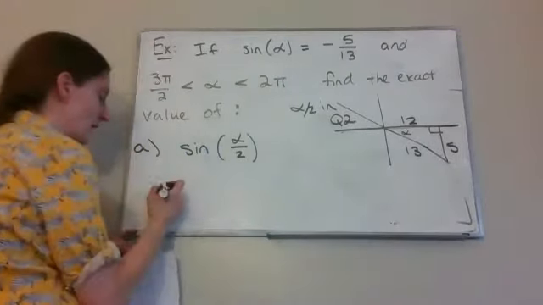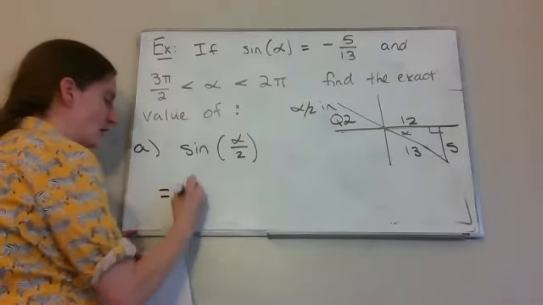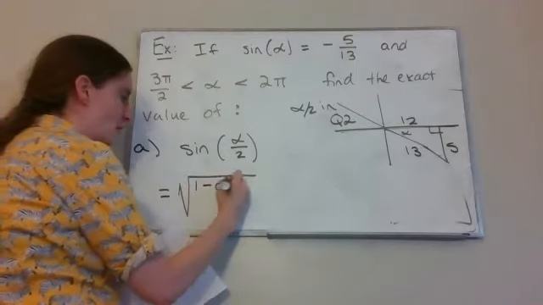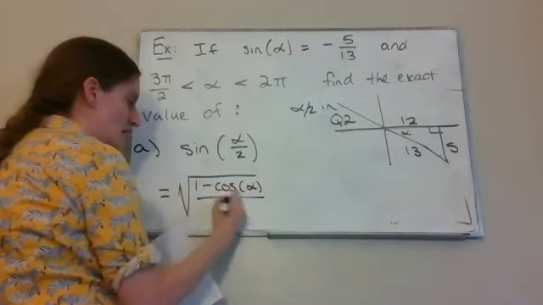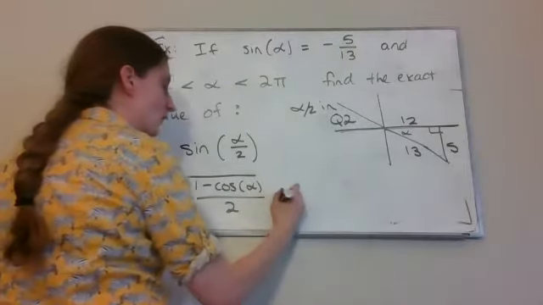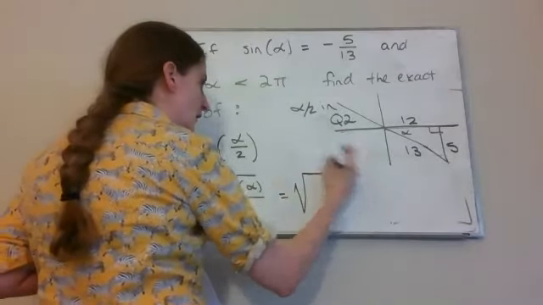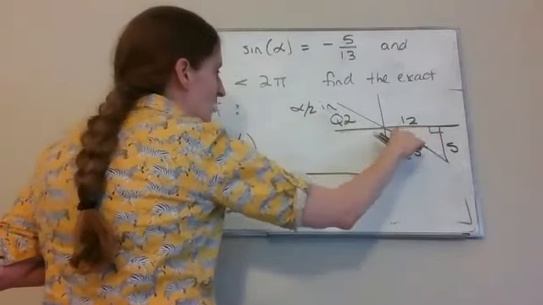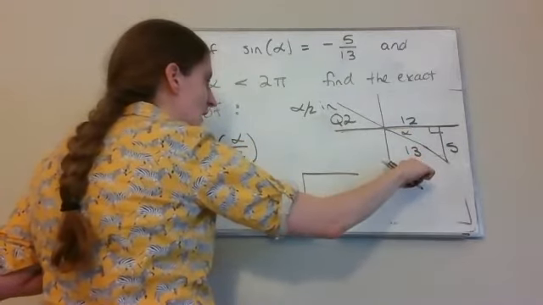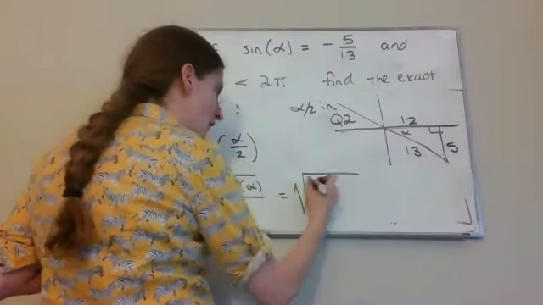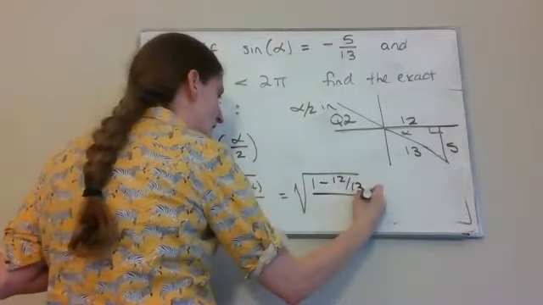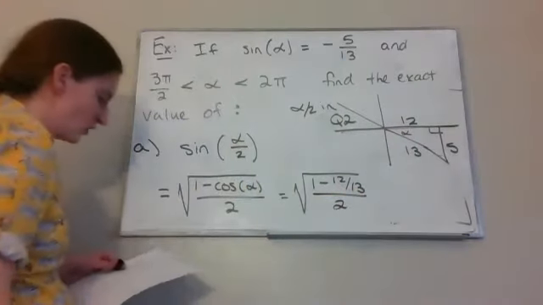So using my half angle formula, I have a positive square root of 1 minus cosine of alpha over 2. My cosine of alpha using my triangle is my adjacent, which is 12, over the hypotenuse, which is 13, but it's positive in that quadrant. So I have 1 minus positive 12 over 13 over 2.